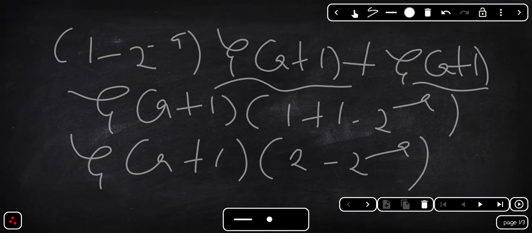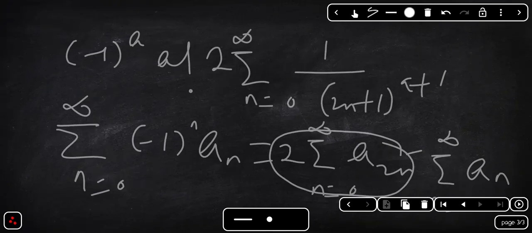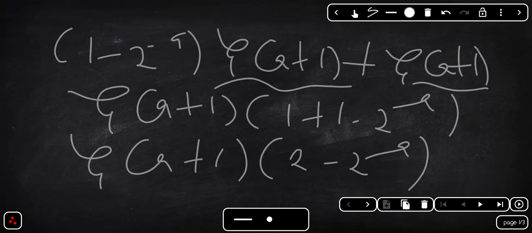Okay, but from our previous sum, don't forget we have minus 1 raised by a multiplied by a factorial there. So we can include that in our solution to complete the work. Putting that in our solution, that is multiplied by minus 1 raised by a multiplied by a factorial.